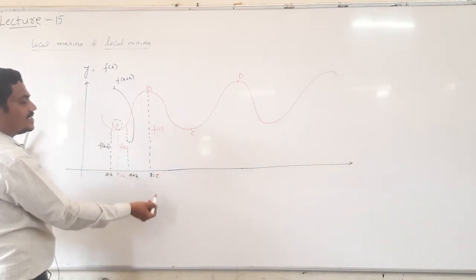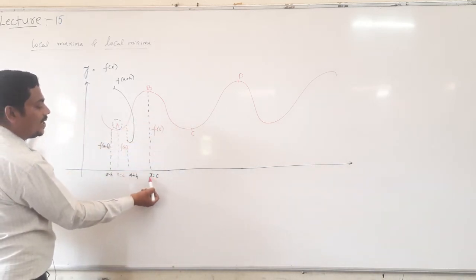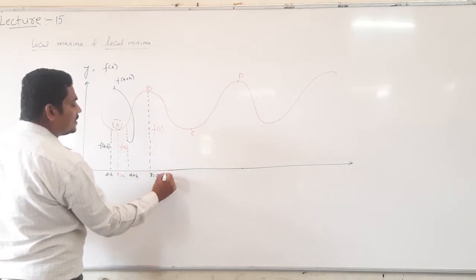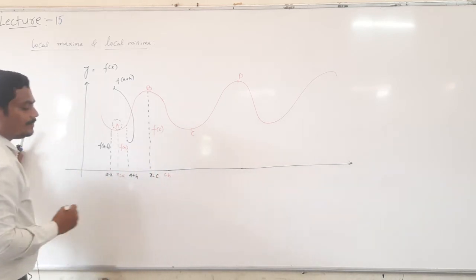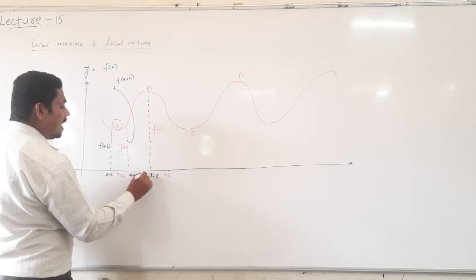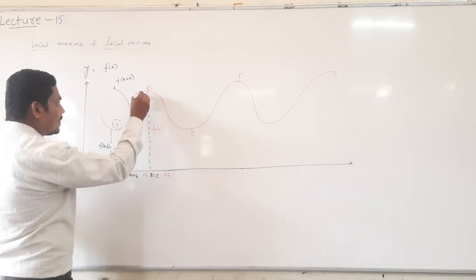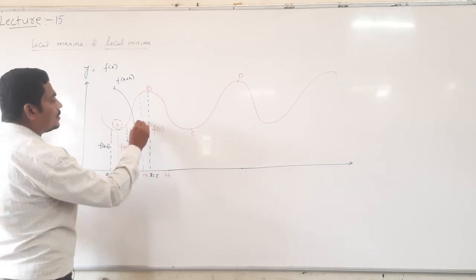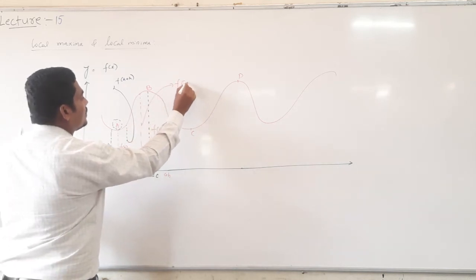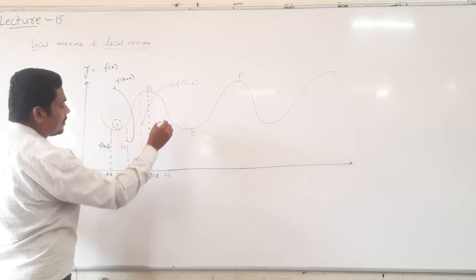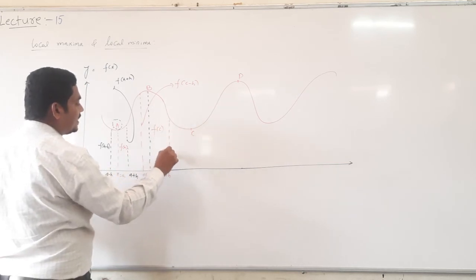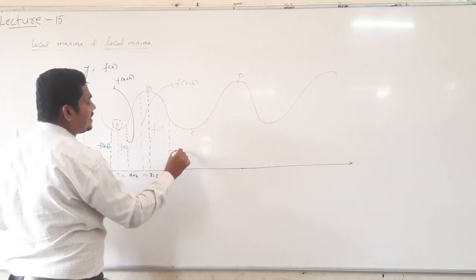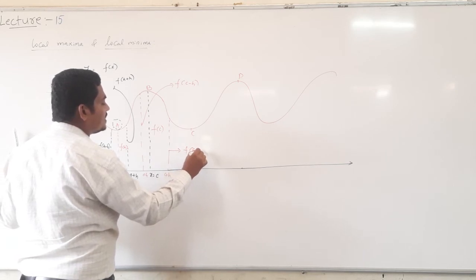f(c) is maximum when compared to the neighborhood points of c. Take c plus h and c minus h, so this is f(c minus h) and this is f(c plus h).